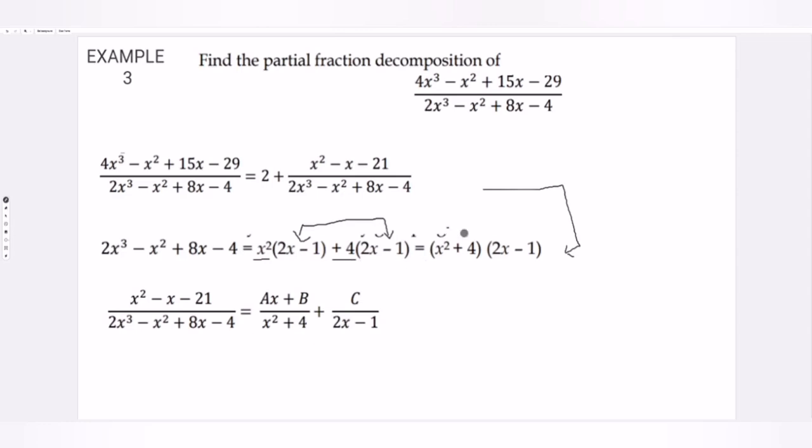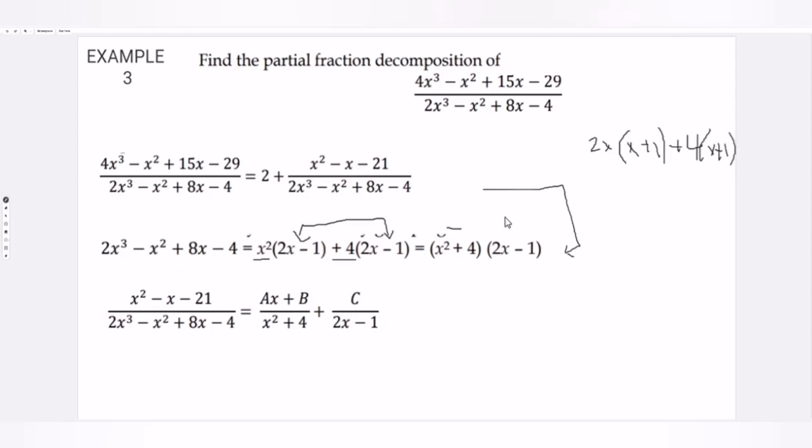For example, if by factoring by grouping you have 2x times x plus 1 plus 4 times x plus 1, all I need to do is copy the x plus 1. So the factored form is x plus 1 times 2x plus 4. That's how the concept for this method was applied.